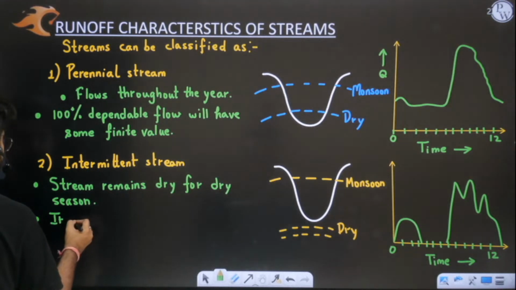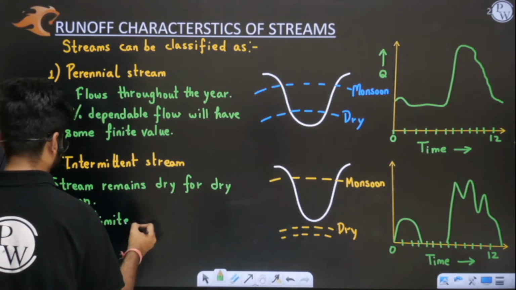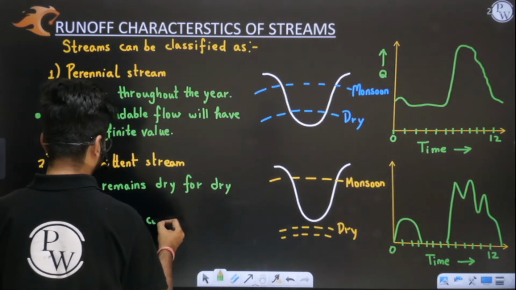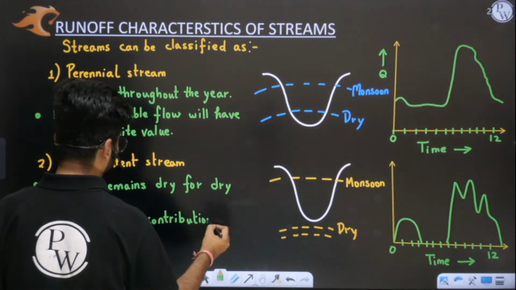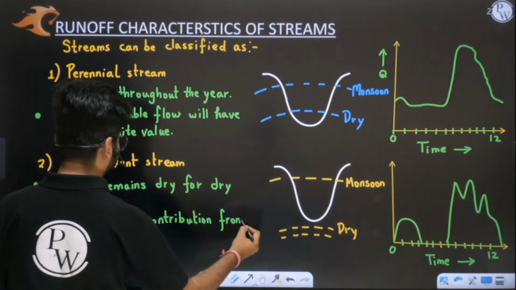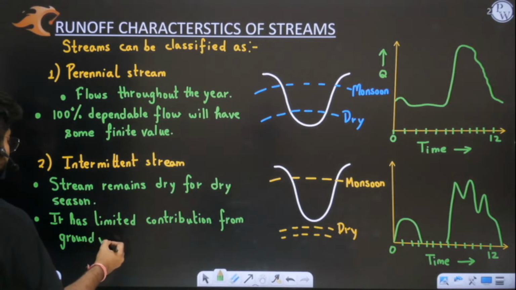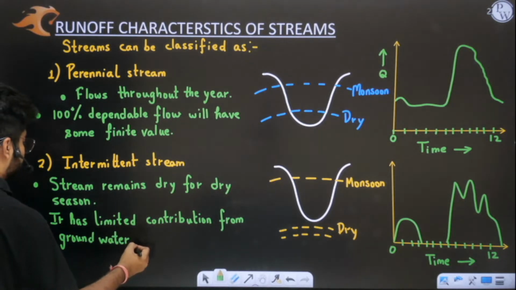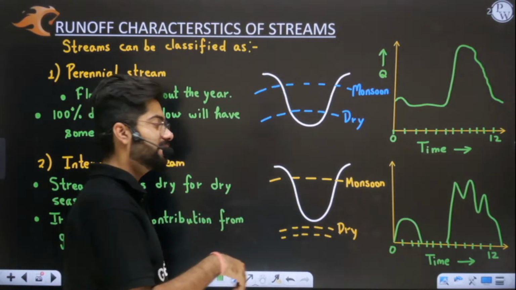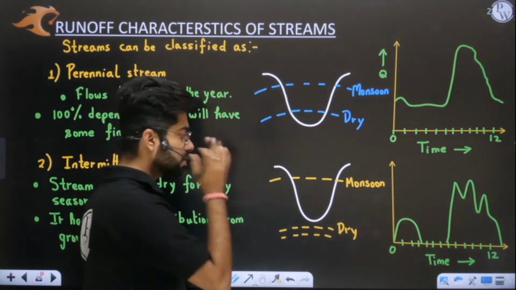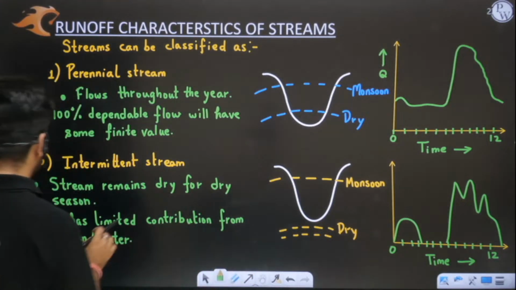And it has limited contribution from groundwater. What is the meaning of limited contribution from groundwater? It means that this groundwater will be available sometimes and sometimes it will not be available. So groundwater flow, base flow, will be available sometimes and sometimes not. That means it is limited.